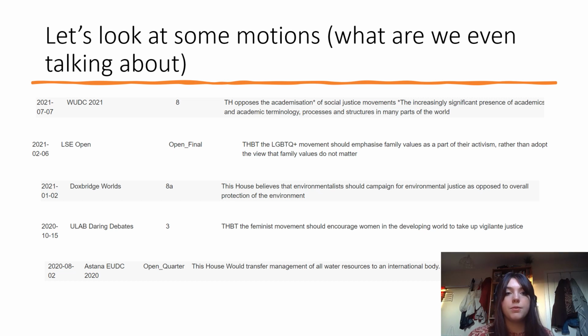So first of all, the first motion we have is: This House opposes the academization of social justice movements, meaning the increasingly significant presence of academics and academic terminology, processes and structures in many parts of the world. The first thought I have is that this comes down to the capacity of people to engage within whichever social justice movement we're talking about.